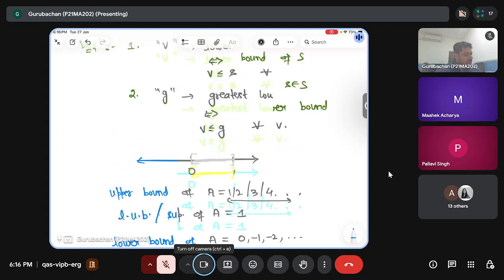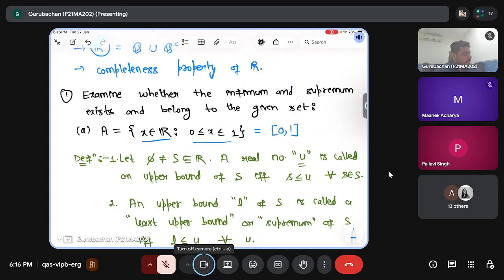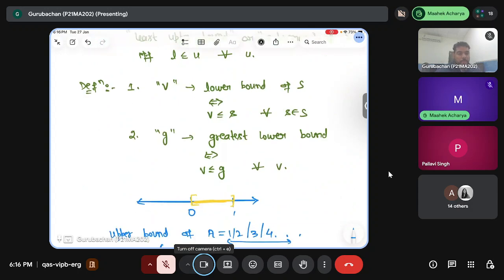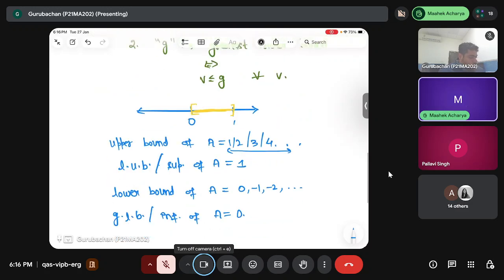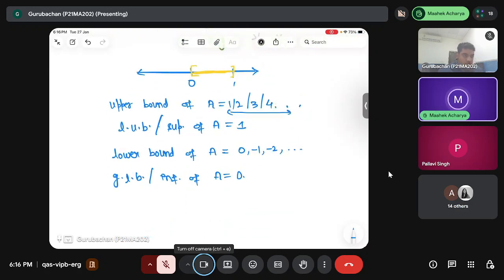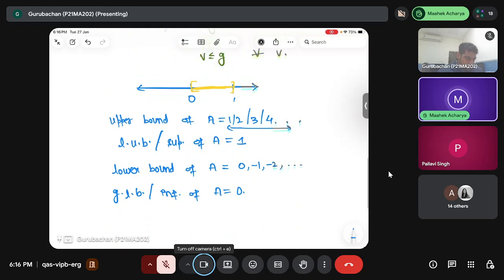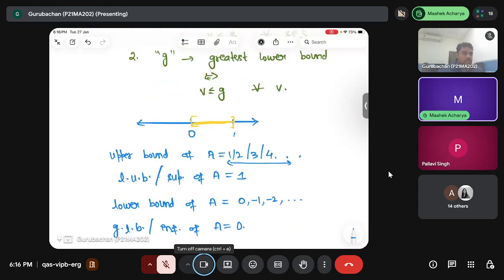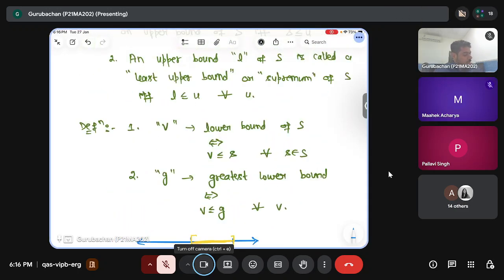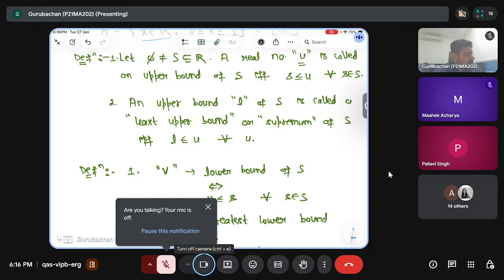Now what is our second question, whether it belongs to the given set or not. So the thing is that 0 and 1 are included in the set itself, right? Yes. Then it's okay, if it's inside the set, we can take them as infimum and supremum. That is what is written here, that it should be less than or equal to.